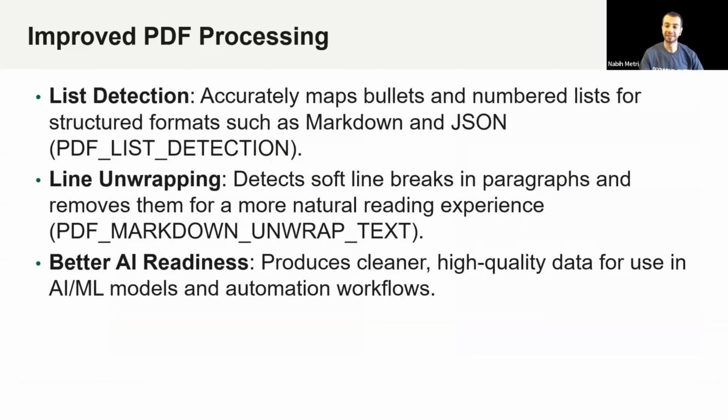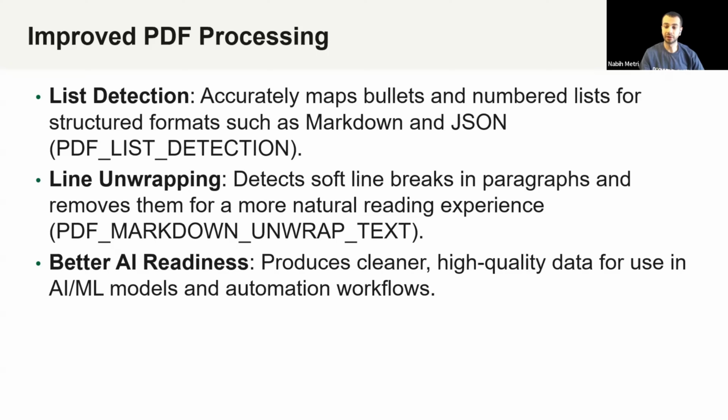So this release brings significant improvements to PDF processing, making extracted content cleaner, more structured, and easier to work with. List detection now accurately maps the bullet points and numbered lists when converting PDFs to structured formats like Markdown and JSON, which ensures that lists are preserved rather than being flattened into plain text.